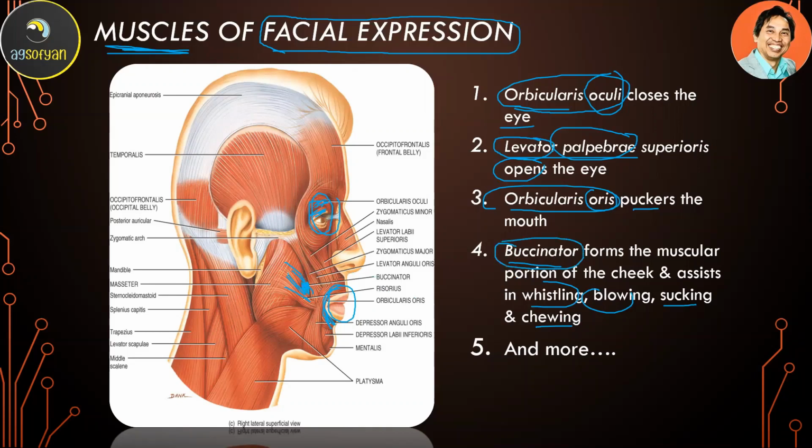So compressing the cheek, including whistling, blowing, sucking, chewing, is done by the buccinator muscle and also by some other muscles over here. Masseter, temporalis, all of these muscles will give the facial expression.